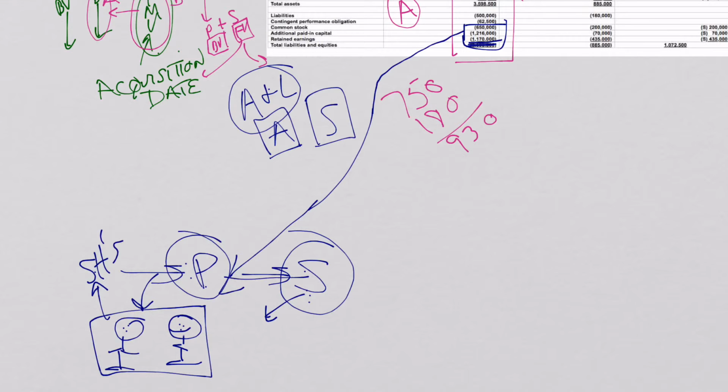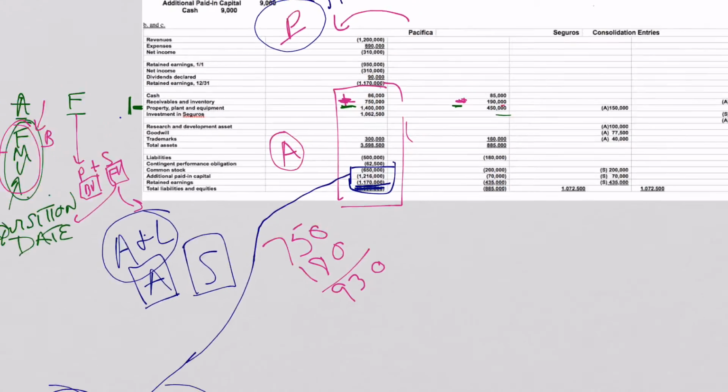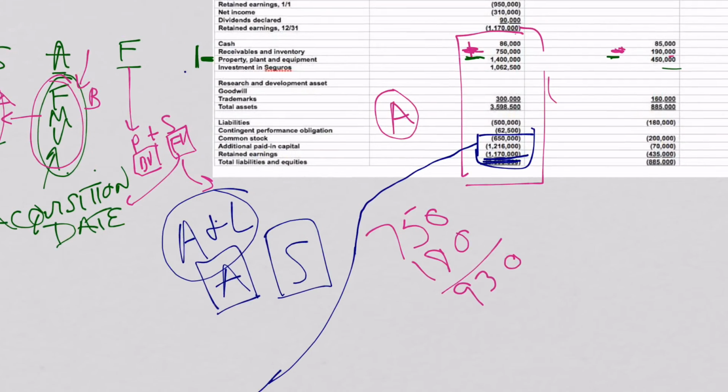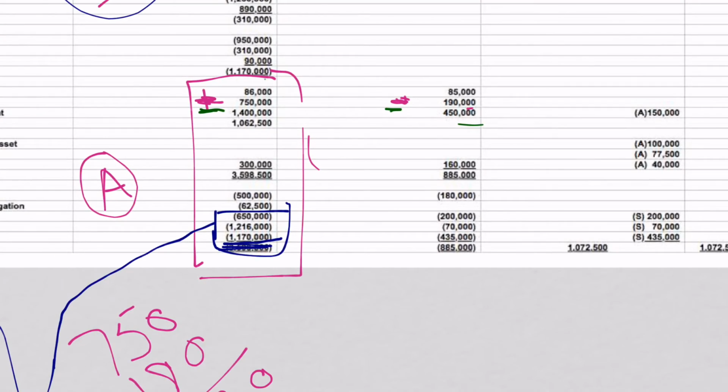The stock of S is owned by the parent. So to show the common stock of S to these guys doesn't make any sense to them, because they only own P. They directly own P, and they indirectly own S through P. Bottom line, I hope you can follow the reasoning, or check the textbook if you want to read it, the equity accounts of the subsidiary have to go to zero.